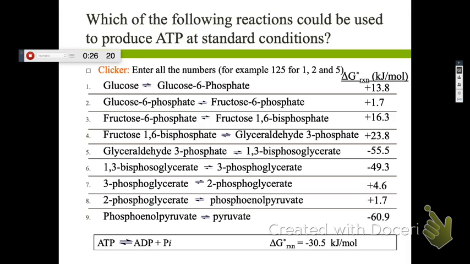You can put 0 if you think none of them. That is a legit answer. Couple more seconds. Closing out.